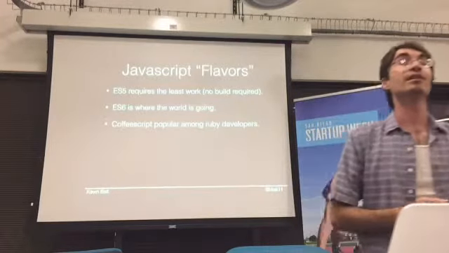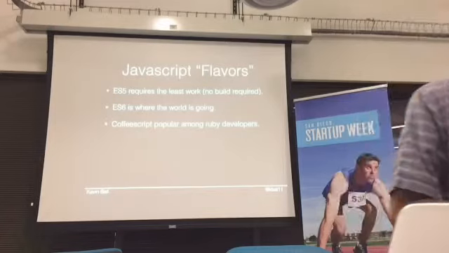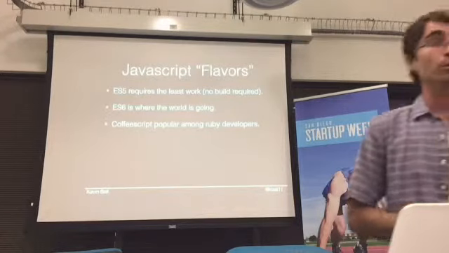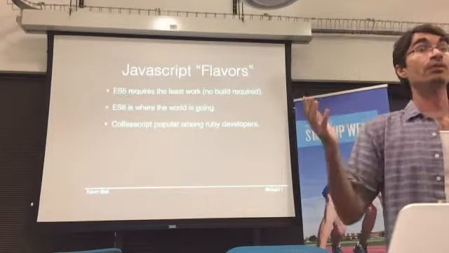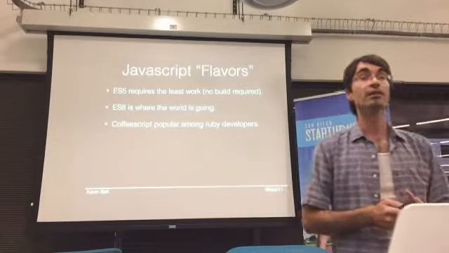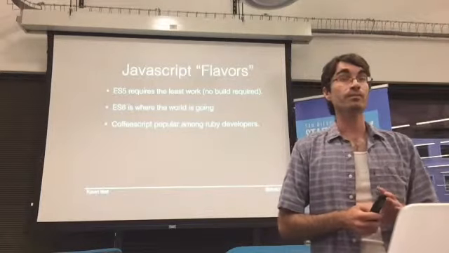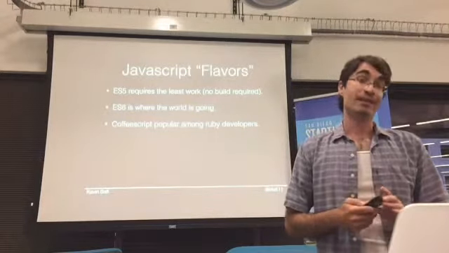So for all of these, anything except plain old JavaScript, you're going to have a build step that basically compiles it down to ECMAScript 5, which will then run in any of these execution environments. So for CoffeeScript, there's a CoffeeScript compiler, actually I think there's several, that you run, and it compiles down into JavaScript, basically treating JavaScript as the assembly language.